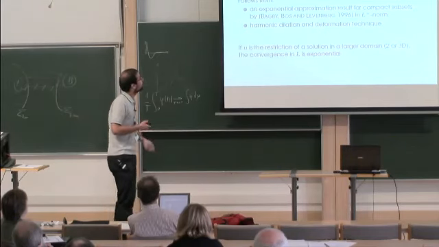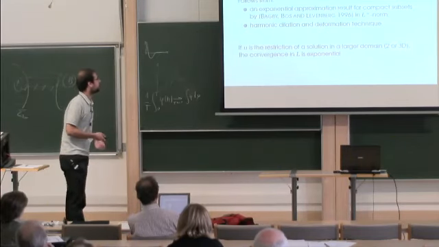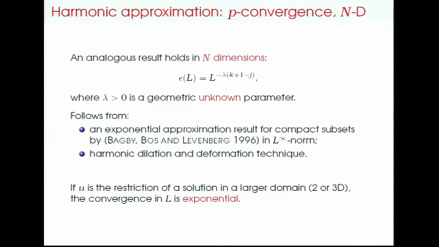So in 3D, you have to use a more complicated result by Bagby, Bos, and Levenberg that gives exponential order of approximation in compact subsets for functions that can be extended outside these compact sets. And then using some special technique, we can recover an algebraic order of convergence in Sobolev norm in the same setting we've seen before.